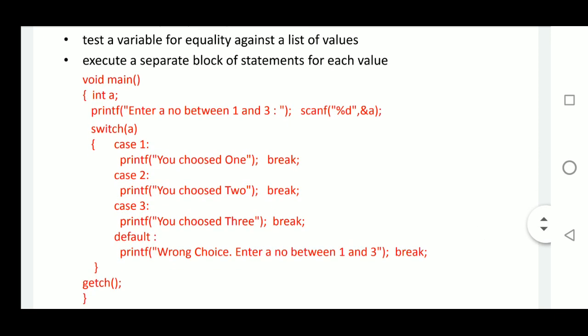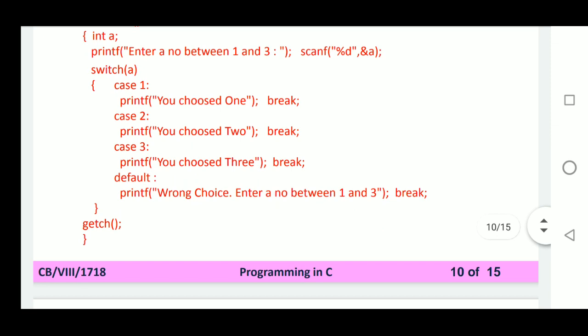Here is the structure of a switch program. In switch, you pass the variable, and it will match case 1, case 2, case 3, up to case 10. If none of the 10 cases match the variable, it will execute the default case. Okay, so here a simple example is there.